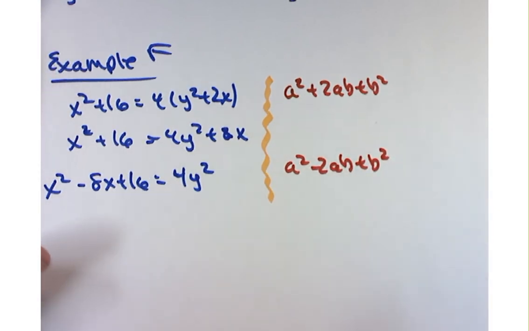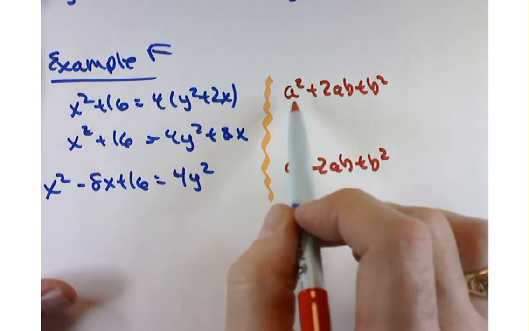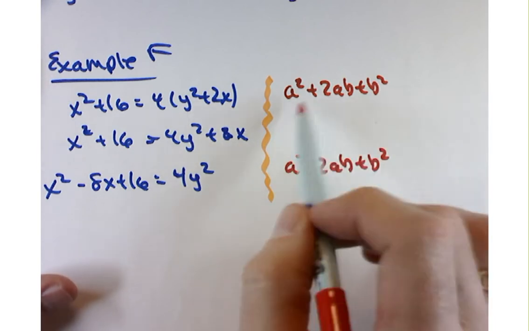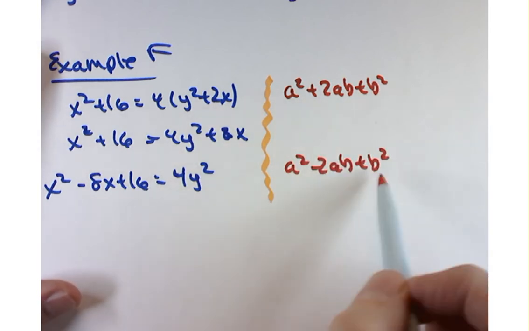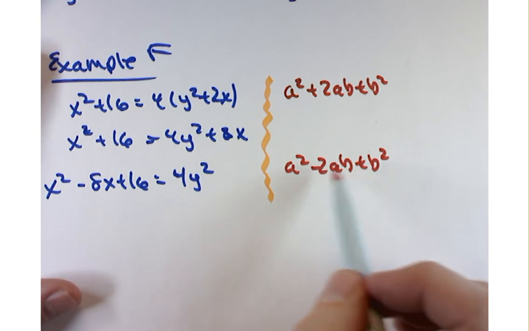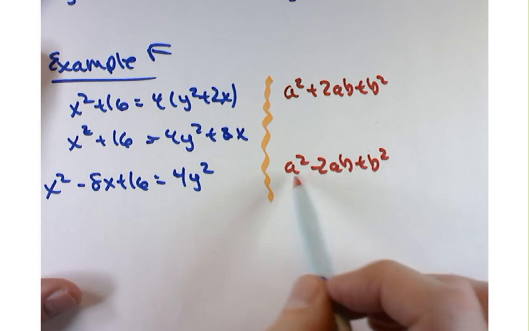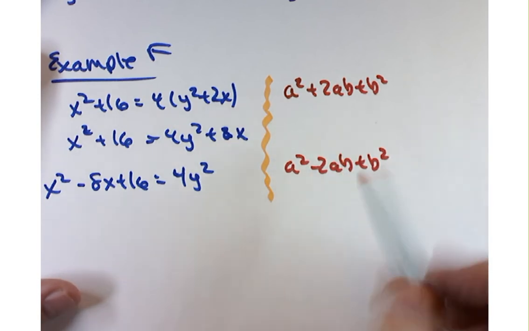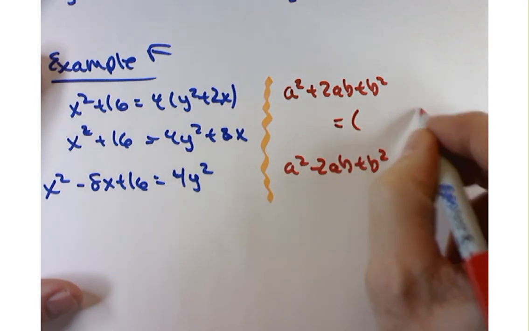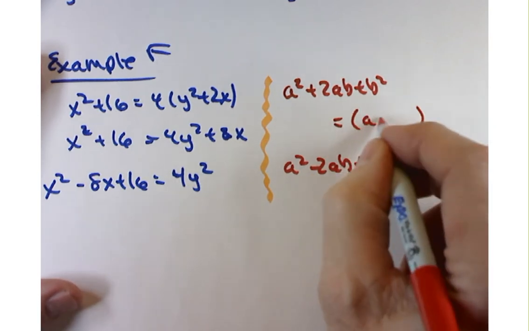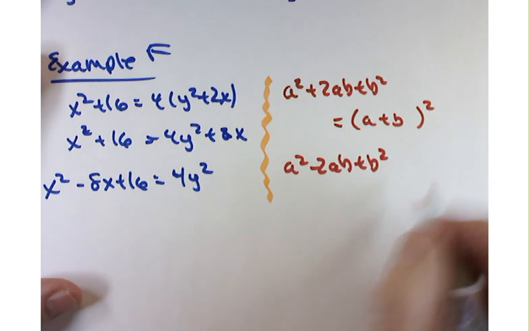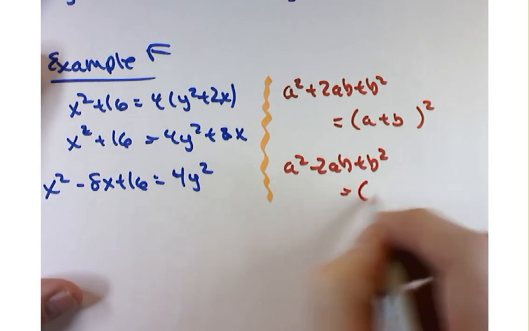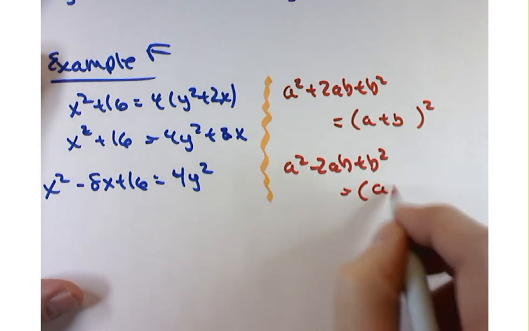The thing that can attract your attention the most is that the end terms are perfect squares. Something squared here, something squared here. The middle term is just 2 times a times b. Now, is it positive? Is it negative? Well, that'll make a difference here, because each of these is a perfect square trinomial. One of them is (a plus b) squared, the other one is (a minus b) squared.